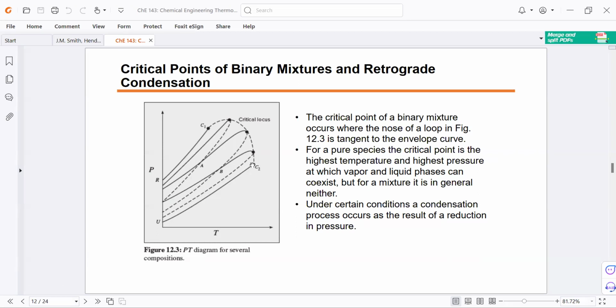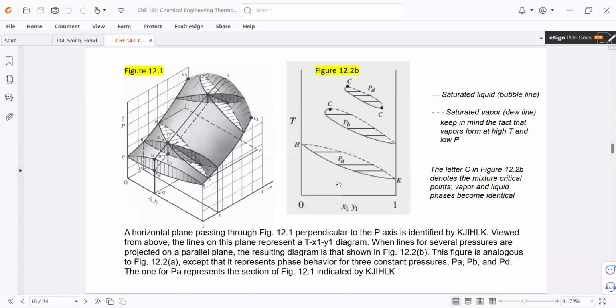By the way, each of the loops here represents the composition of the vapor, that's the dashed line, and the liquid. Let me just go back to check if it's correct.